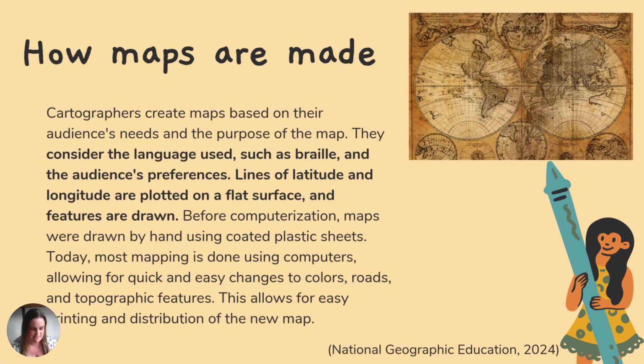Today, most mapping is done using computers, allowing for quick and easy changes to colors, roads, and topographic features. Like I said, the low-lying areas and obviously our high mountains. This allows for easy printing and distribution of this new map.